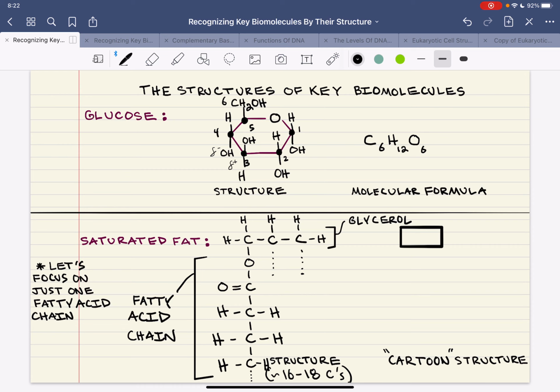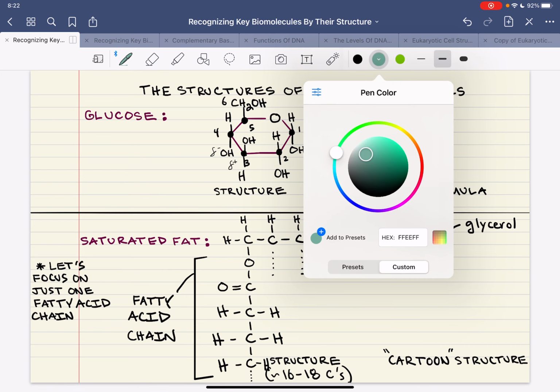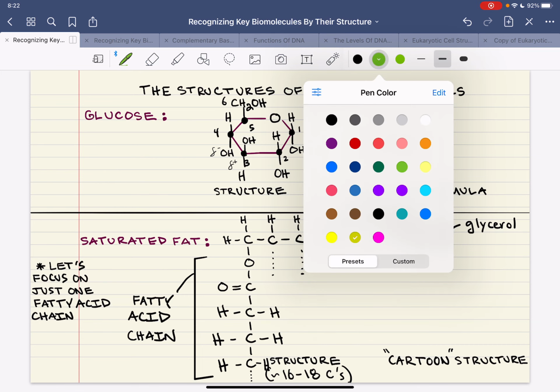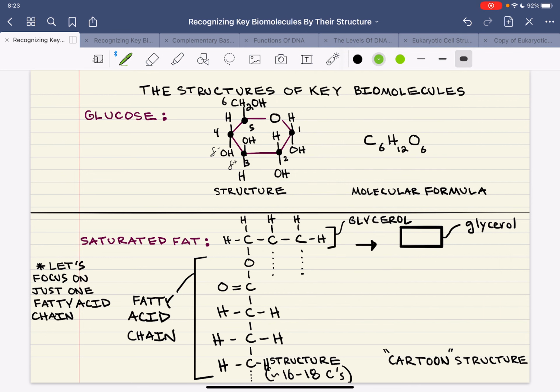And then now we want to convert this into our simplified cartoon diagram. And in my simplified model, this rectangular black box is going to represent glycerol. And then lastly, we will depict the 3 fatty acid chains with just lines. So 1, 2, 3.